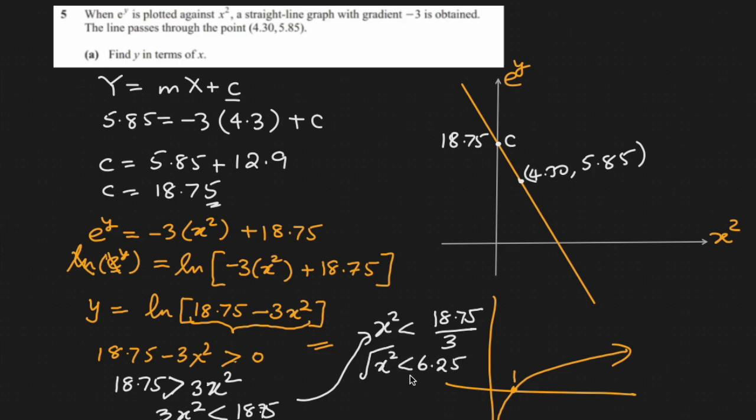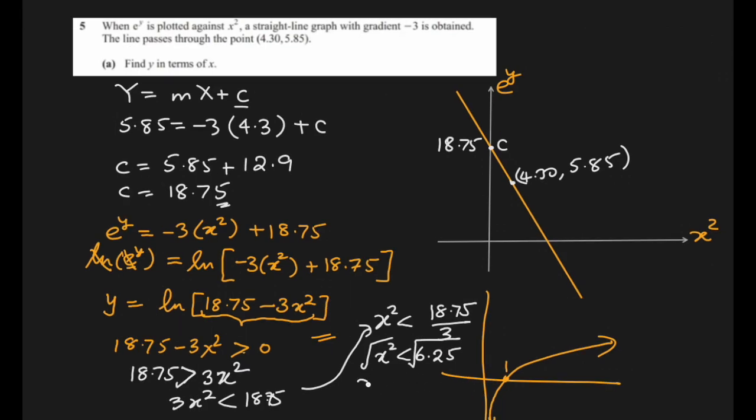Square root both sides, which means x is less than 2.5 or x is greater than minus 2.5, because square root will give us positive and negative. In case of negative, we change the sign. So our answer could be that minus 2.5 is less than x is less than 2.5. Okay.